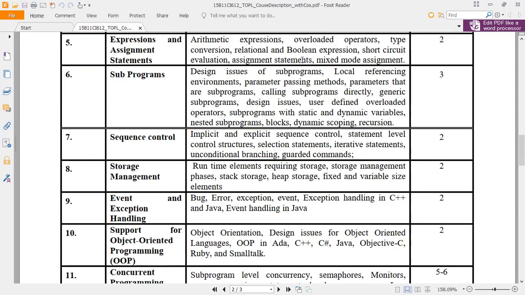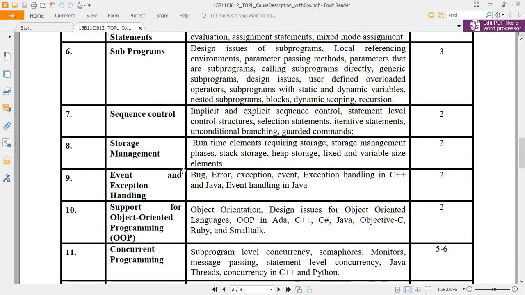Then we moved on to the support for the object-oriented programming, how the object-oriented design issues are considered in the various programming languages. And here in the syllabus, OOP in ADA, C++, C#, Java, Objective-C, Ruby, and Smalltalk was given. But at the beginning of our course, I have told you that we are going to discuss the concepts of the programming languages with reference to 4 languages, that is C, C++, Java, and Python, because these 4 languages are familiar to us.